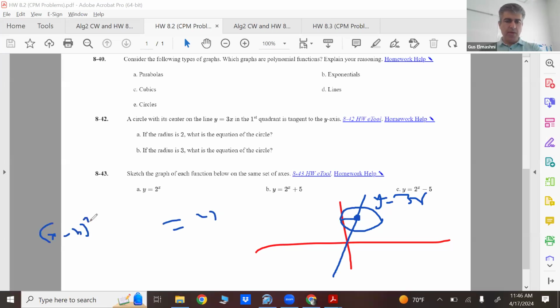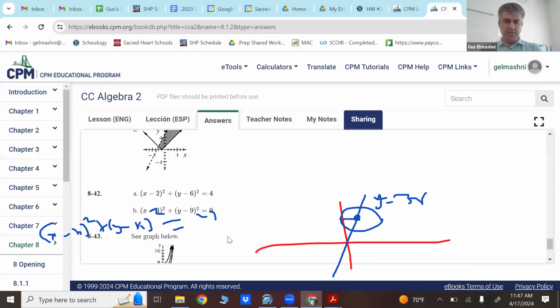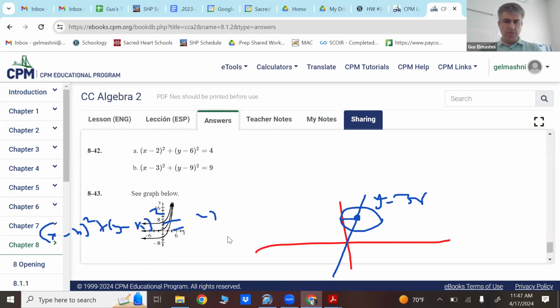X minus h squared plus y minus k squared. So let me think here. I don't know. 2 and 6, I guess you need. That's interesting. Oh, I see.